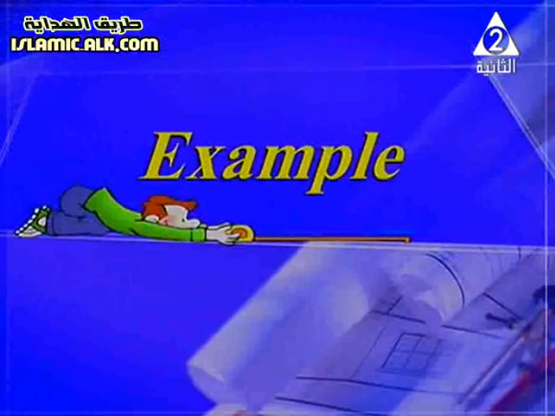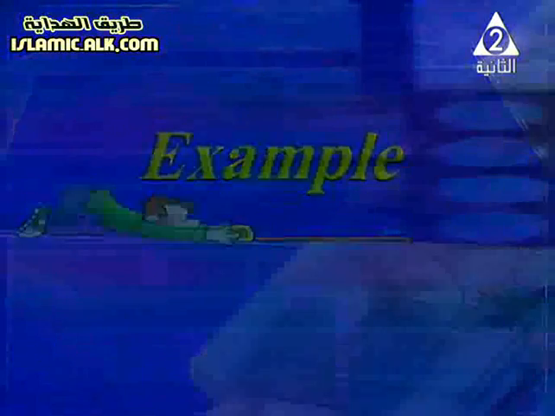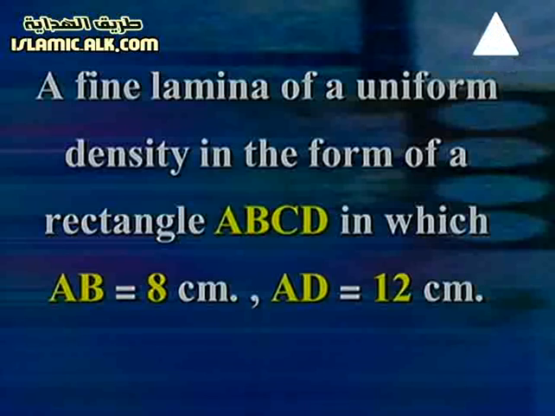Now we translate to another example. Find a lamina of uniform density in the form of a rectangle ABCD in which AB equals 8 cm, AD 12 cm. Remember, we have a fine lamina of uniform density. What is the meaning of fine lamina of uniform density?